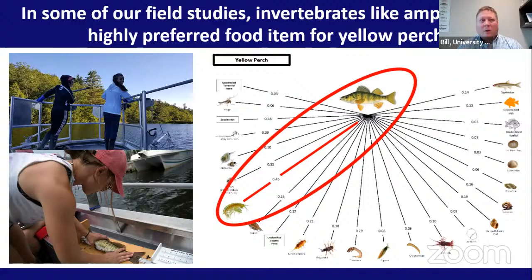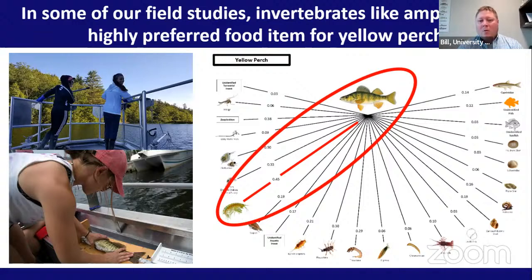If you go out into a stream or a wetland or even a lake and take a handful of the bottom, these are the things that are scurrying around in the mucky mess sometimes. In a lot of ecosystems, they're a critically important food resource for things like yellow perch at certain times of the year.